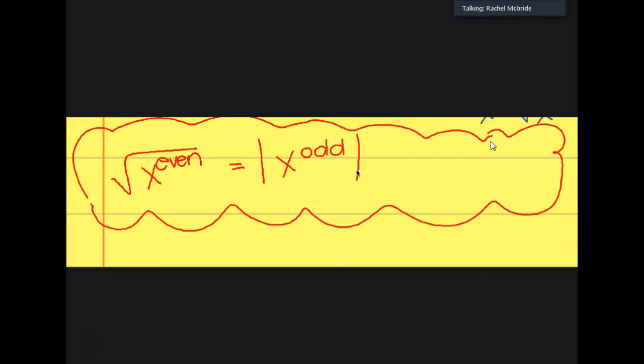The reason for that is because all square roots are positive. If you have a square root to an even power, it has to stay positive. Well, if you simplify it to an odd power, it could become negative. That's why we need the absolute values.